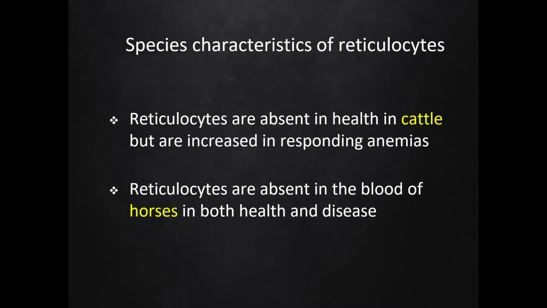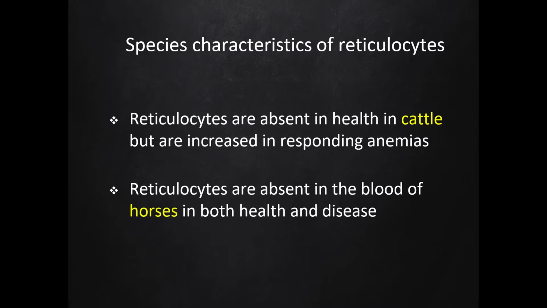Cattle and horses are somewhat unique when compared to other domestic animals because they have no circulating polychromatophilic erythrocytes, and their maturation is more complete in the bone marrow. As we all know, cattle and horses have a longer lifespan of red blood cells, so that would explain this.